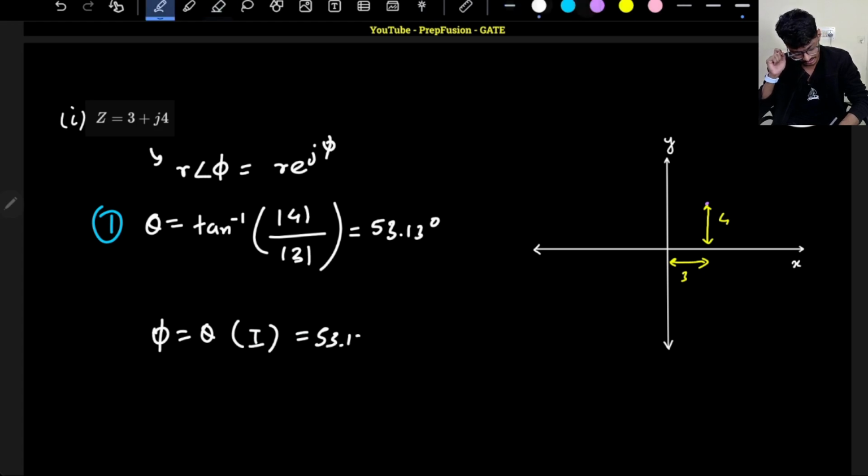Again, you are always welcome to write in radians. It is convenient for me to write in degrees because I remember the degrees, not the radians, but you can write in either. So what is the magnitude? Magnitude is pretty simple: it is the square root of x squared plus y squared. So the square root of 3 squared plus 4 squared is the square root of 25, that is 5 only.